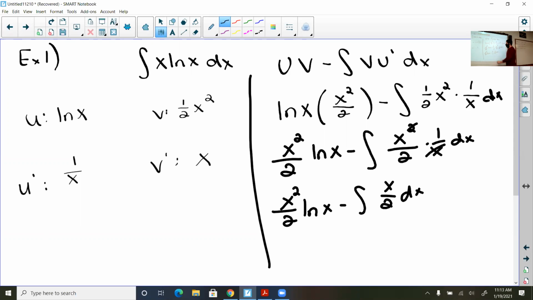And so what I did there is I just simplified this quantity, and it simplifies out to 1/2 x dx. So that 1 over x and the 1/2 x squared eventually simplify.